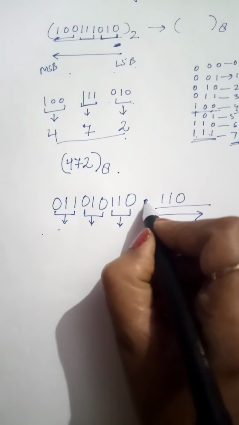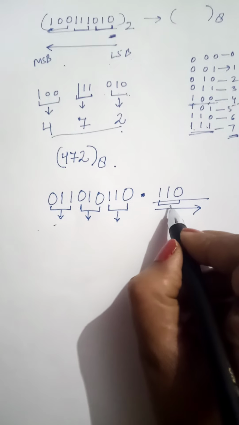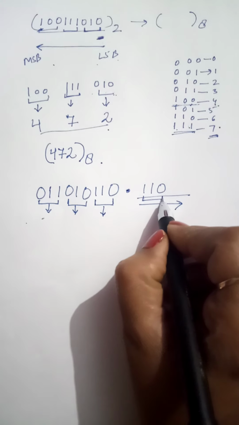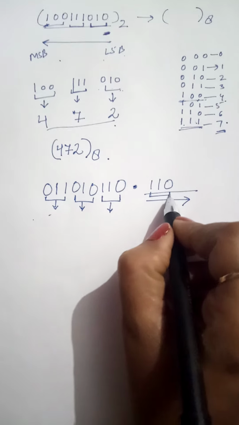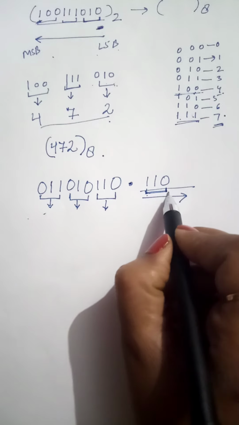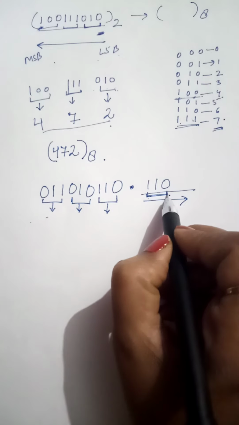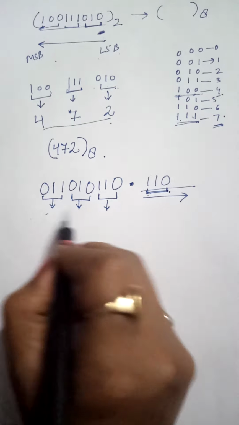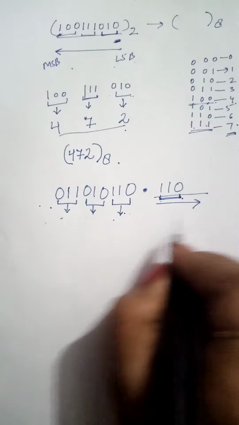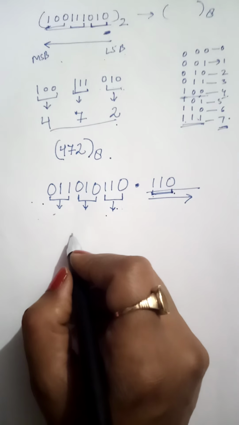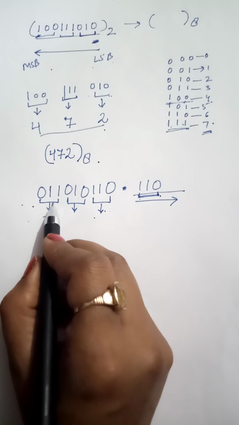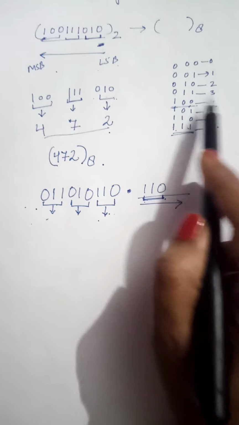Okay, for fractional part also you will be making the group of 3 bits and you will be writing the equivalent octal number. And if suppose in making groups there are not 3 bits, then you can add 0 on right side, and in case of integer part you will be adding 0 left side. Okay, this way. So suppose this is the binary number you have to convert into octal, then what will be the equivalent of 011? 3.